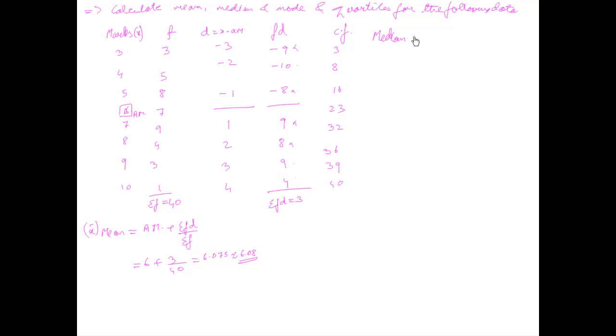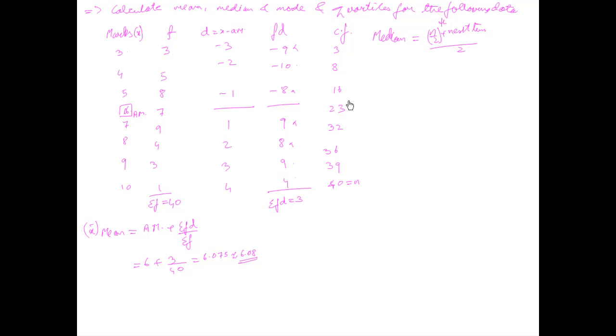Median, children, for n being even, would come out to be n upon 2 term plus the next term, upon 2. N upon 2 would be 40 upon 2, the 20th term and 21st term. Both of them, children, would come here.